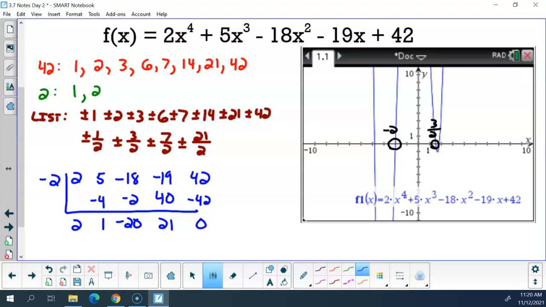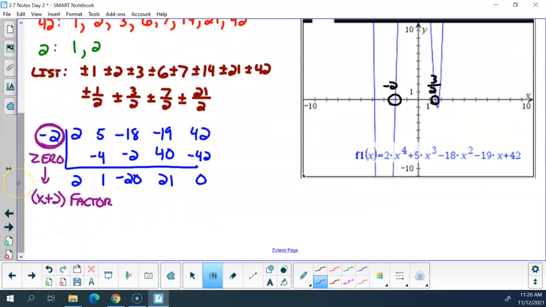That means -2 is a 0, which means, what's the factor? X plus 2. Right?